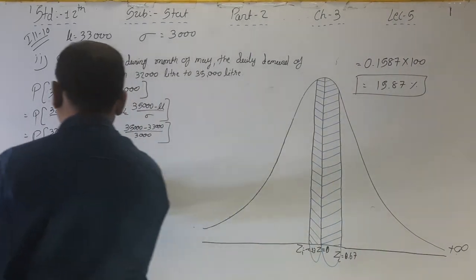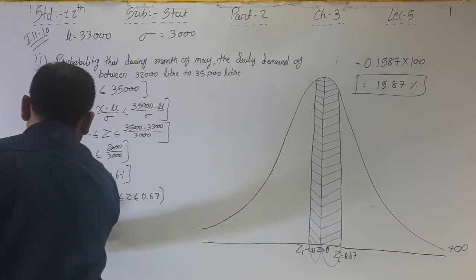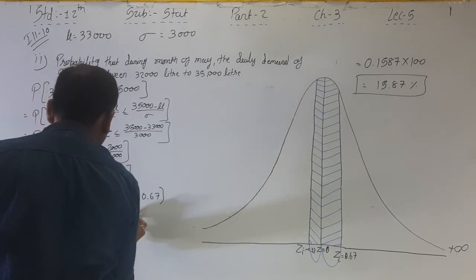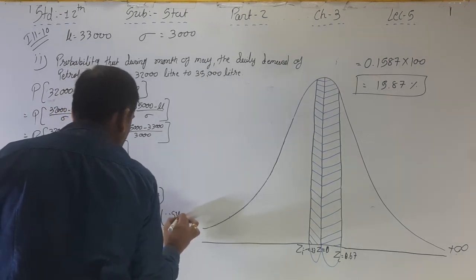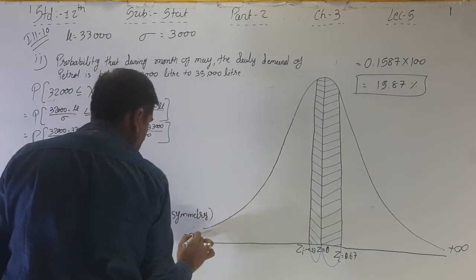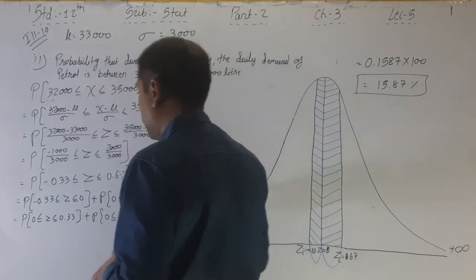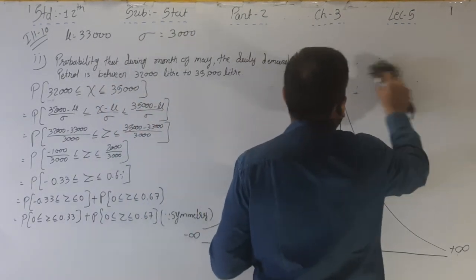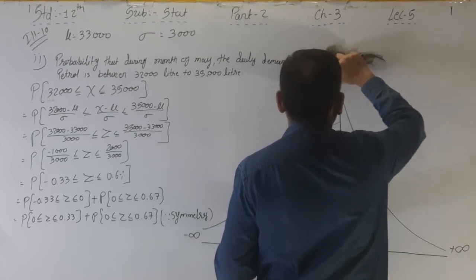Okay. So now converting negative into positive, 0 less than or equal to Z less than or equal to 0.33 plus 0 less than or equal to Z less than or equal to 0.67, and here we have to write down because of symmetry. Okay. Now see the value here. How do we find out the value in the table? See the table first.